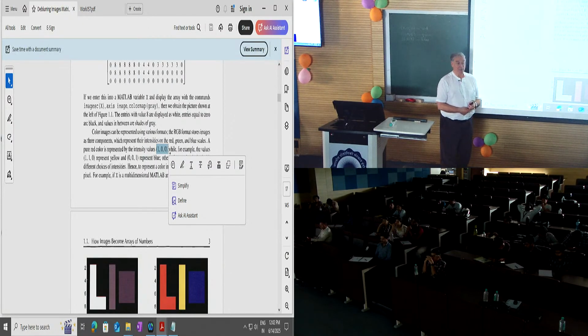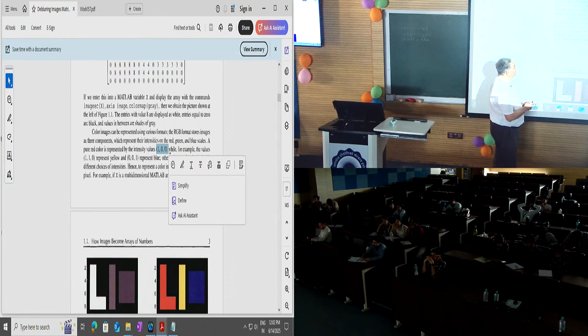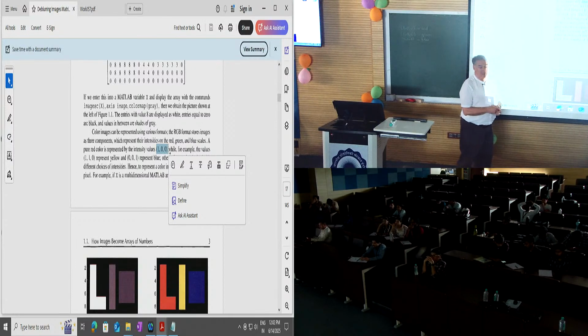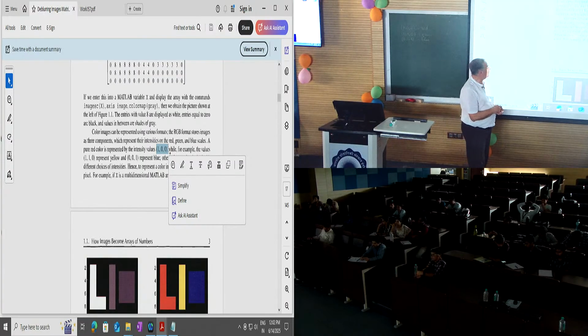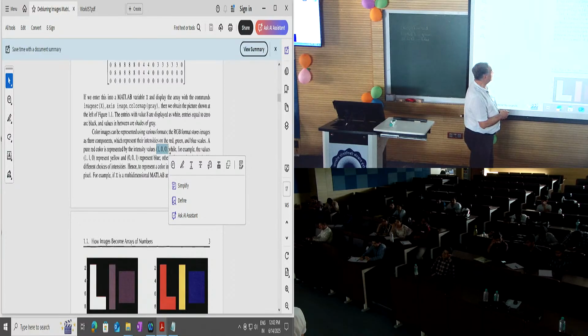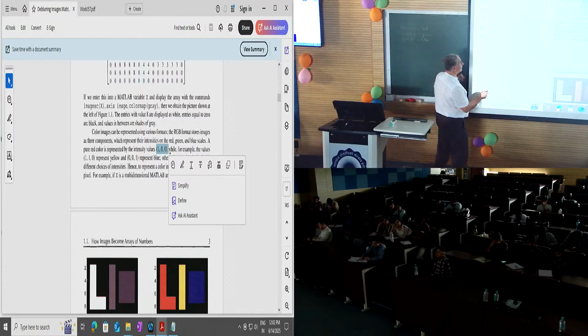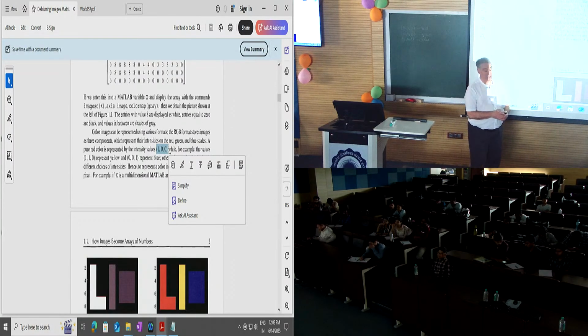Each pixel includes three values: RGB density, the red, green, and blue parts. 100 is red color, 001 is blue. Here is a representation of yellow color. Of course, decimal values here are possible.